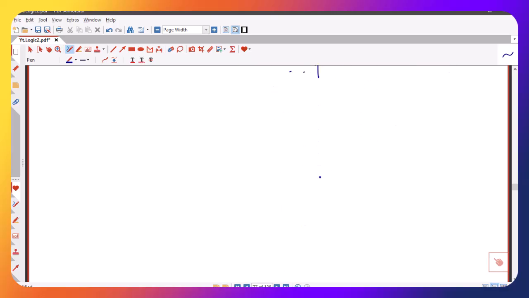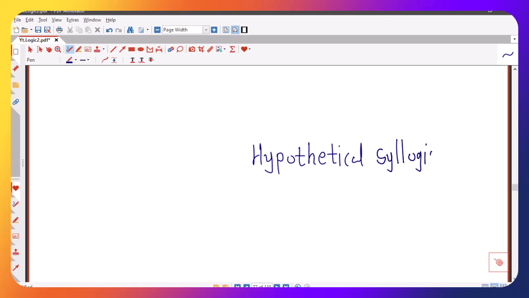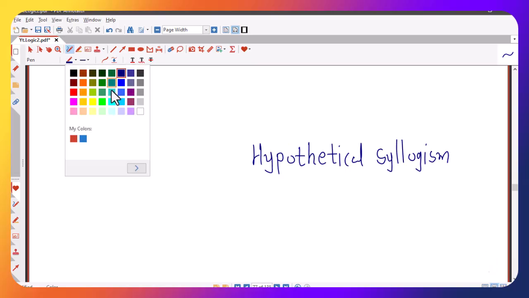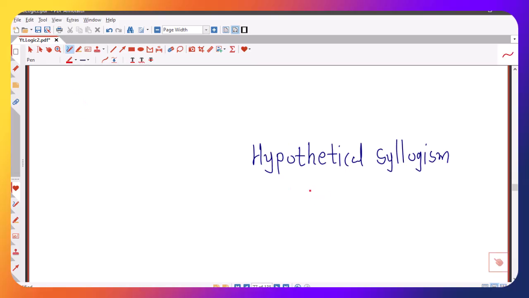In this lecture we are going to discuss another rule of inference, which is known as hypothetical syllogism. Here also we have a particular type of argument form, and it is easy to remember. Hypothetical syllogism requires three propositional variables P, Q and R, and it is similar to the transitive property.